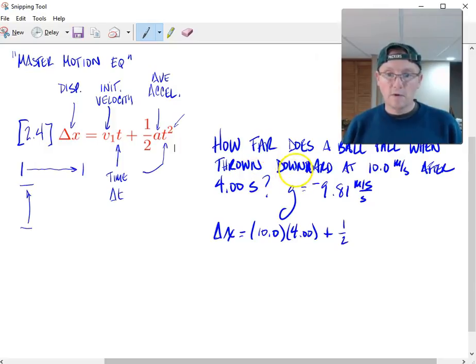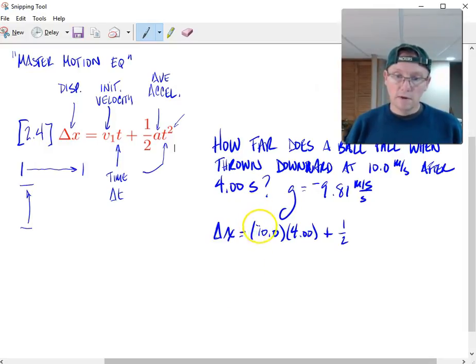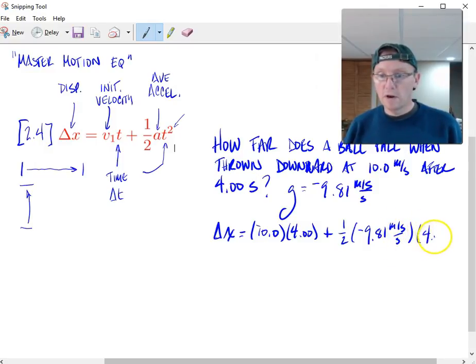It's thrown downward at 10 meters per second, and so I have to remember that downward is a negative right there. So I'm going to go ahead and do that, negative 10.0 meters per second. So then I can come back to this. Plus 1/2 times g, which is negative 9.81 meters per second per second, times t squared, so 4.00 squared.